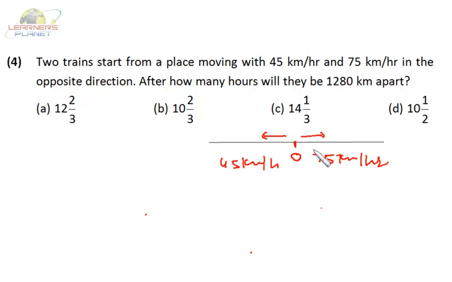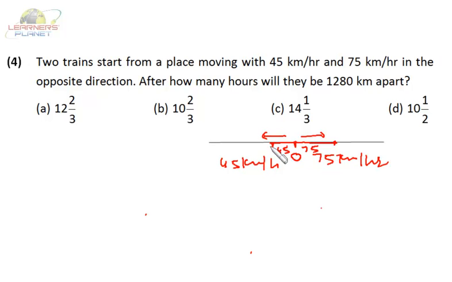Now friends, after 1 hour, what will be the scene? This train will be somewhere here and this train will be somewhere here. That means this train will be 75 km from this place and this train will be 45 km from this place.